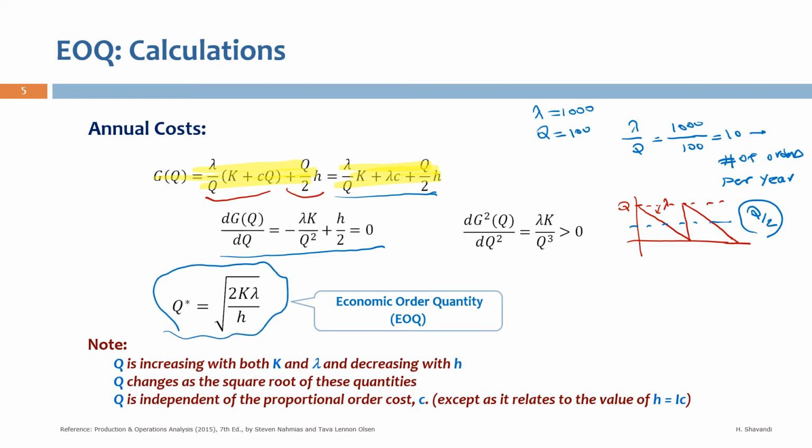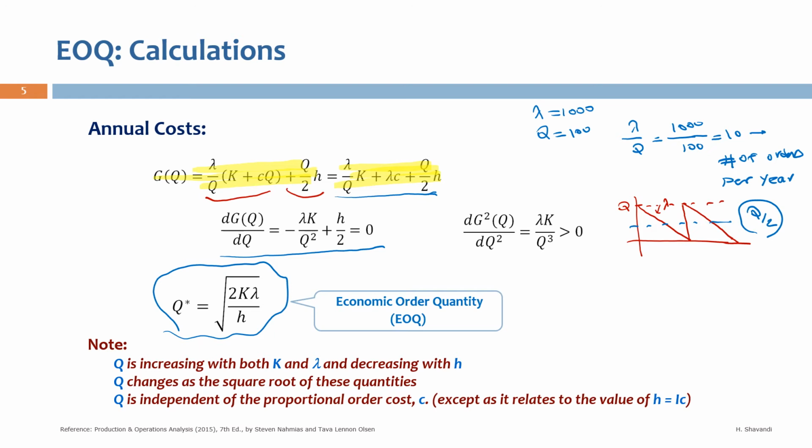Q star will be the square root of 2 times K times lambda over H. So the square root of 2 times fixed cost times the annual demand rate divided by the unit holding cost. That will be the economic order quantity, or EOQ. So that's our formula to obtain the economic order quantity.